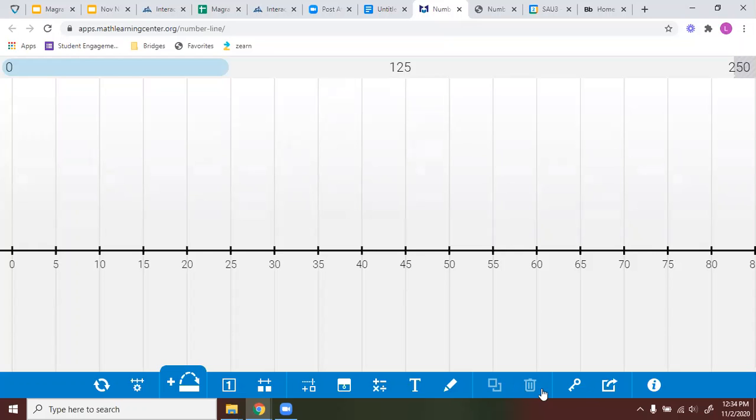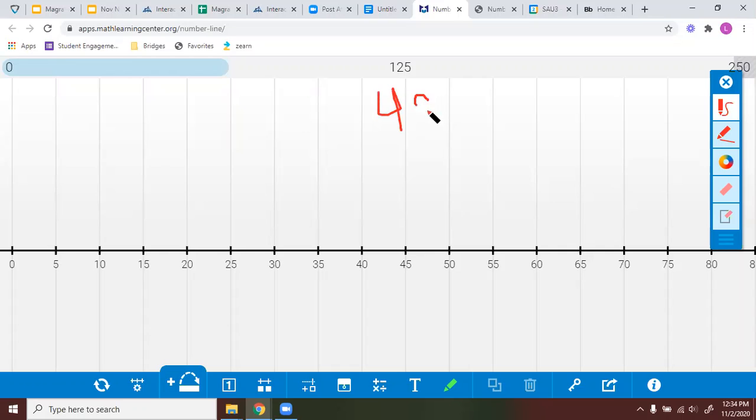So I'm looking at the number 48. And we have to figure out where we want to place that number and what 2 multiples it falls between. So what 2 multiples of 10 would 48 fall between?